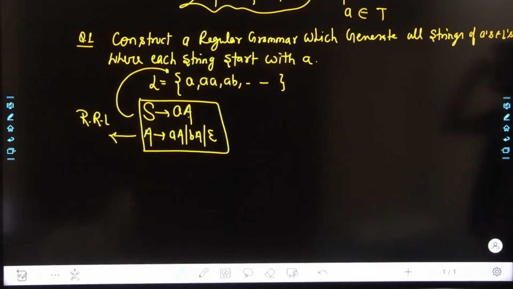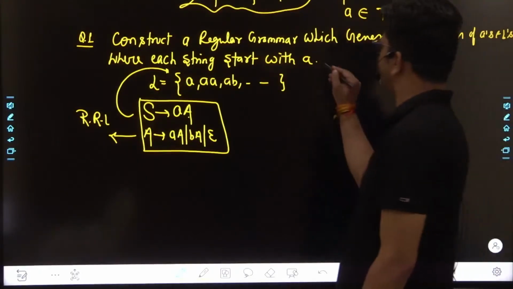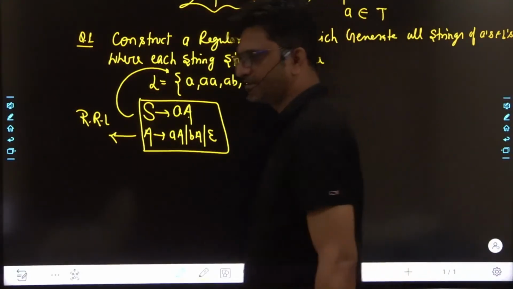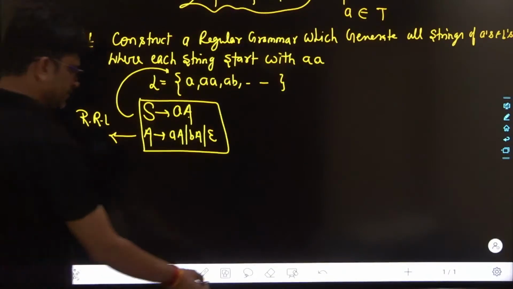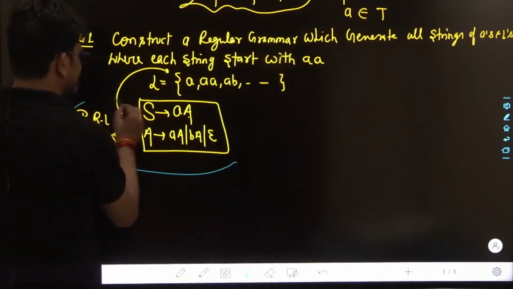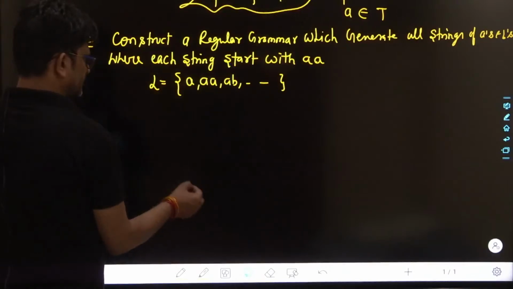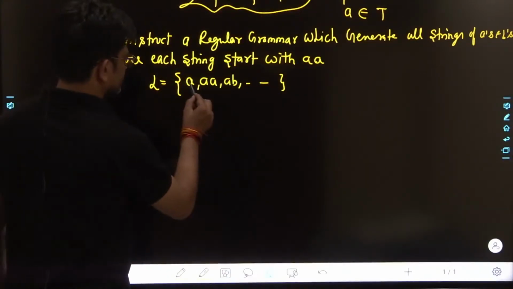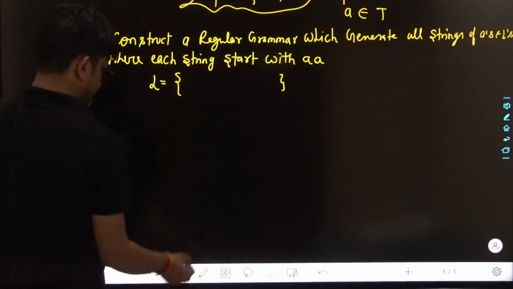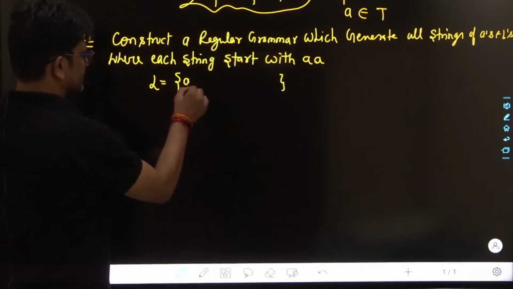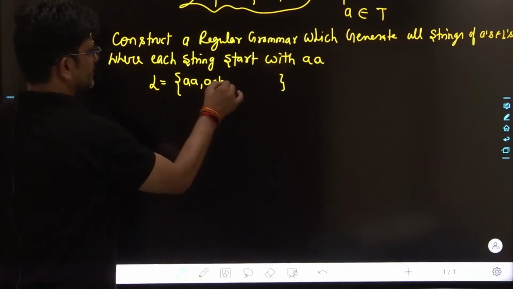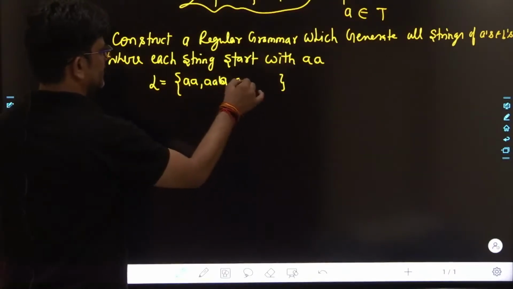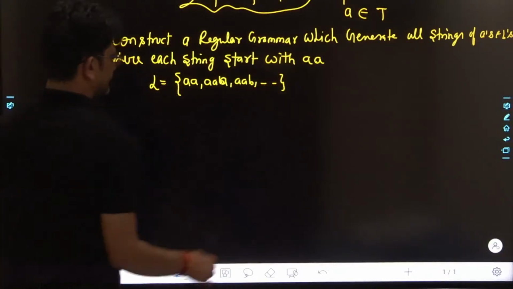Now, next question, where each string starts with double a. So, my dear friends, what is the language? And what are the strings that are present in this language? aa, aab, aaa, aab, and many more.